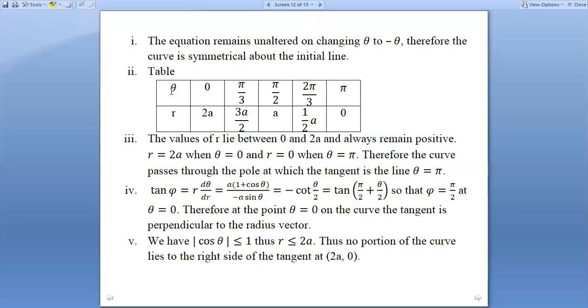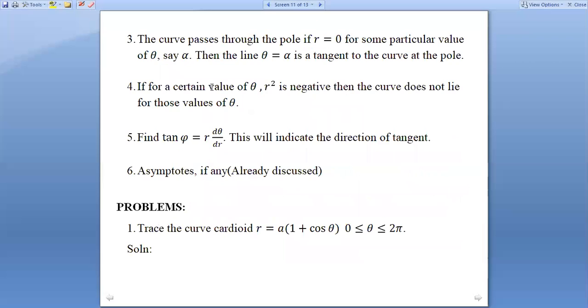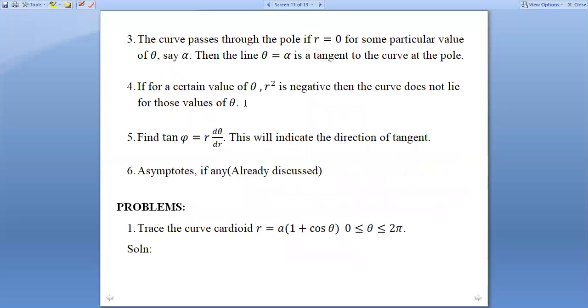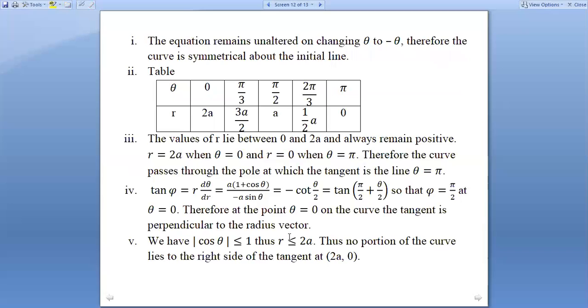Now we draw the table for theta and r. If theta is 0, you have r is equal to 2a because cos 0 is 1. And at pi by 3, cos pi by 3 is half, 1 plus half is 3 by 2, so 3 by 2 a.